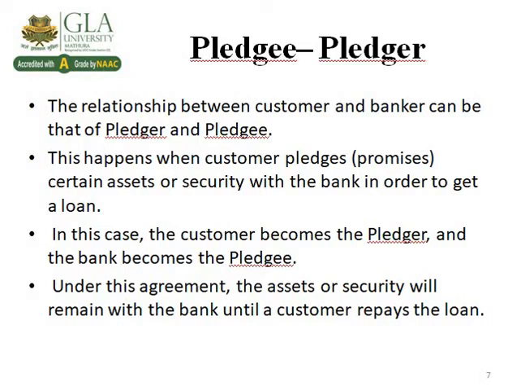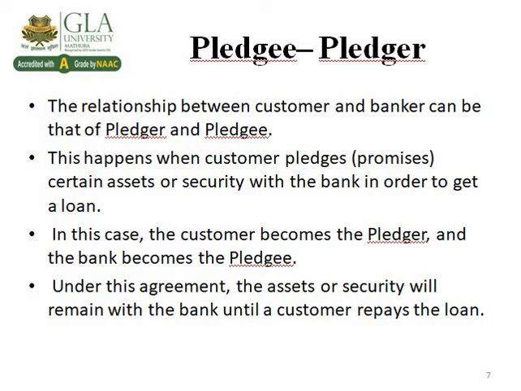So here we are talking about the collateral security. Whenever a customer is taking any kind of loan from the bank, or a secured loan to be very specific, the customer is depositing or pledging collateral security to the bank. In this case, the customer becomes the pledger and the bank becomes the pledgee.